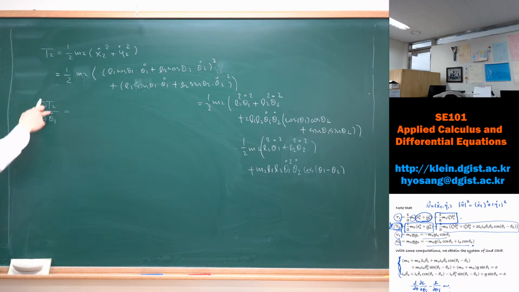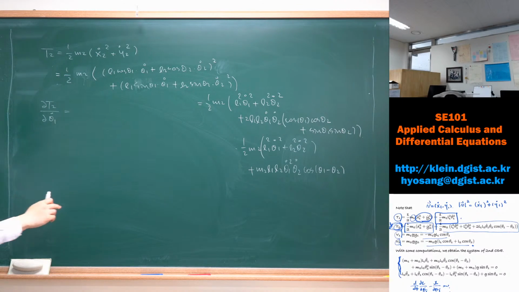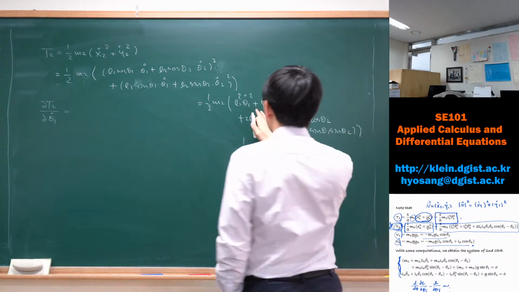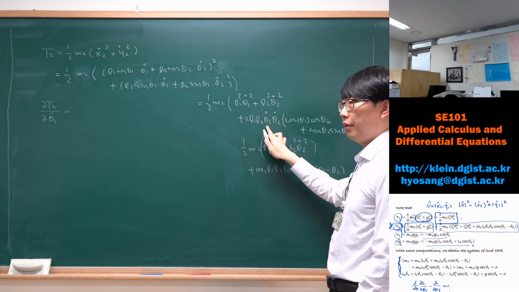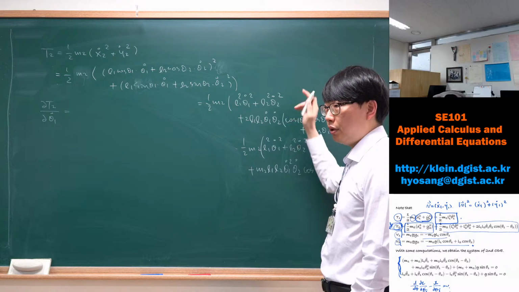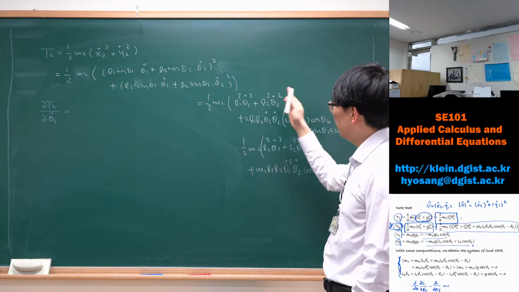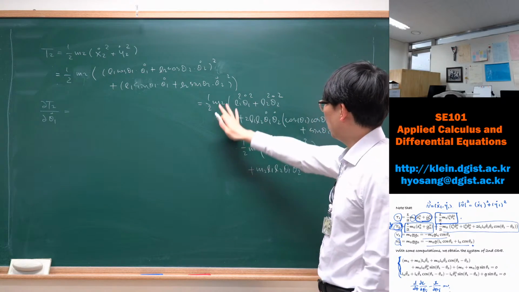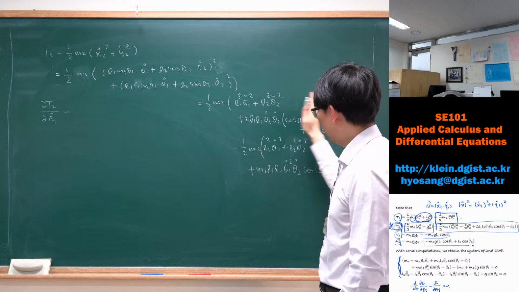Let's take the partial derivative of T2 in theta 1 dot. Here we are going to consider theta 1, theta 2, and theta 2 dot as constants, and assume that theta 1 dot is the only variable.